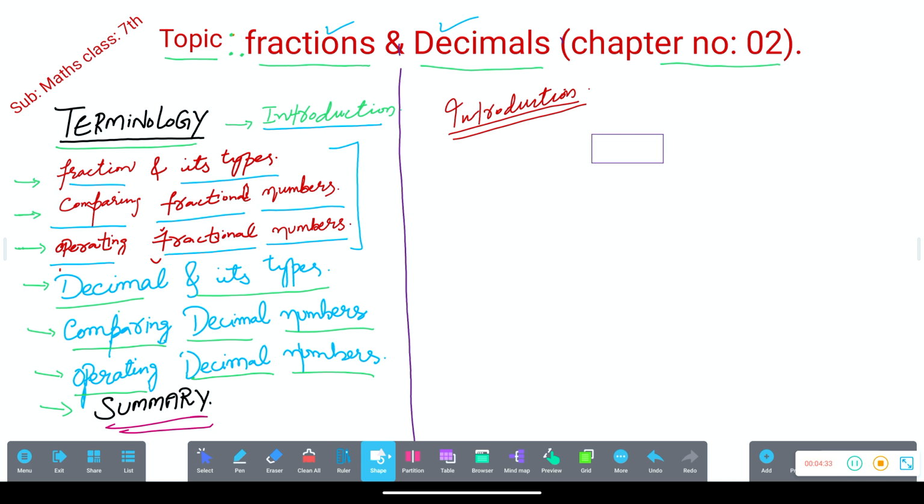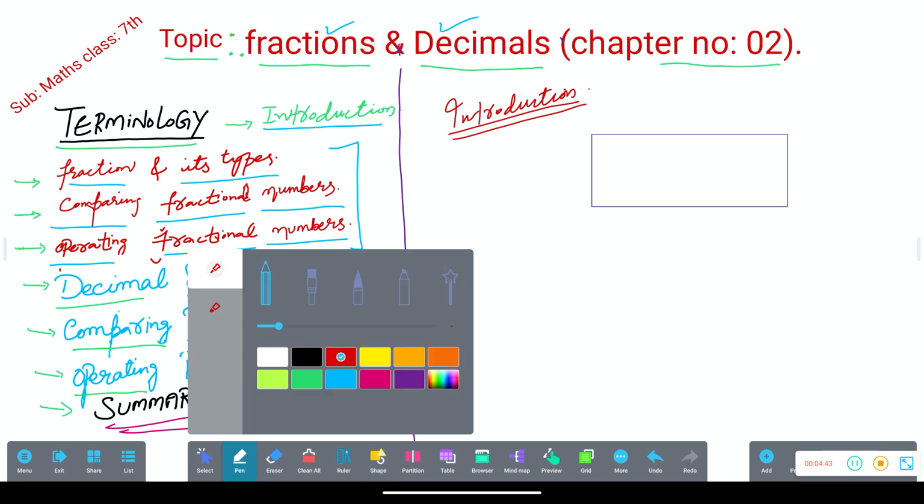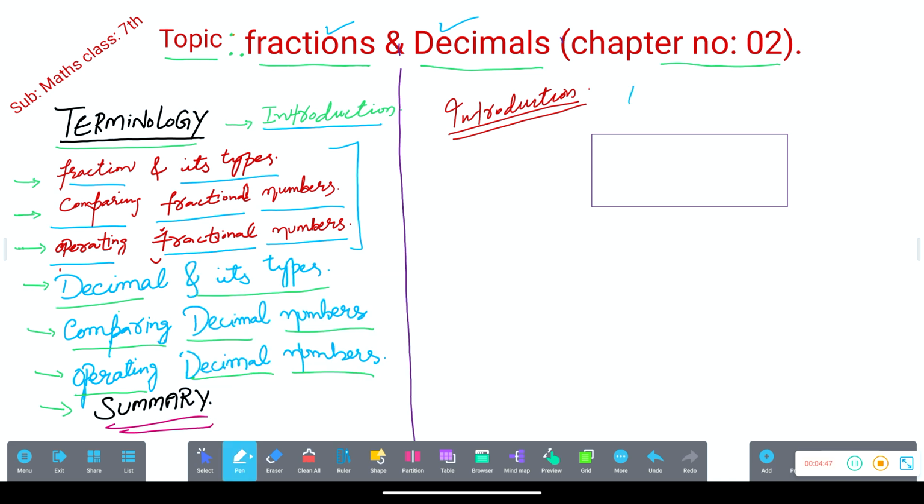Let me take here a rectangle. It is a rectangle here on your screen. So the first thing that I am explaining here is, why fractions?